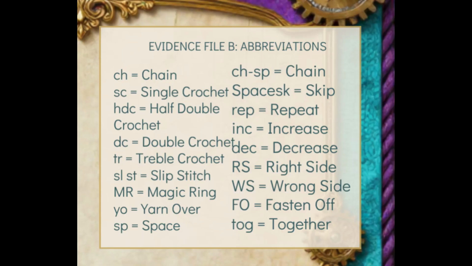YO is yarn over. REP is repeat. INC is increase. DEC is decrease. And these are the ones you'll probably see consistently in beginner and intermediate patterns. Probably advanced crochet patterns too, so who am I kidding?